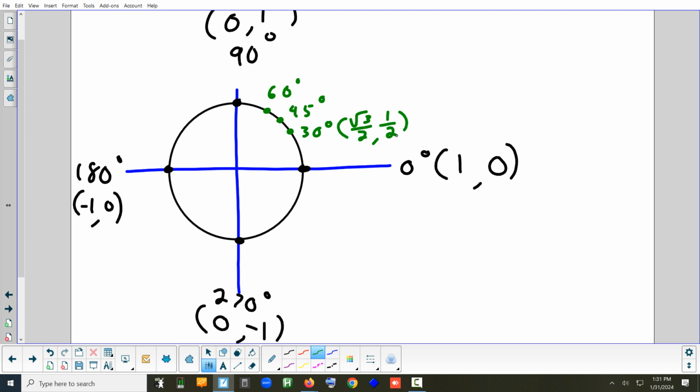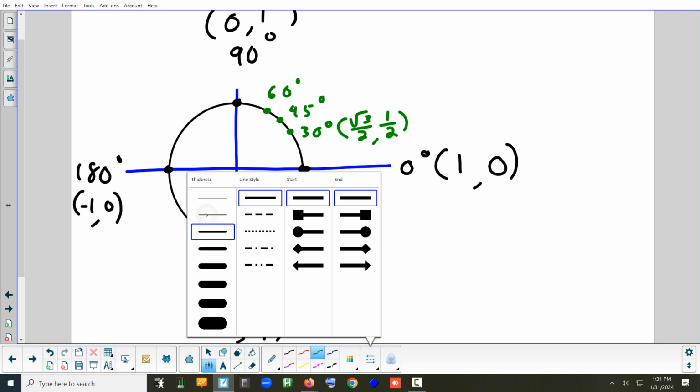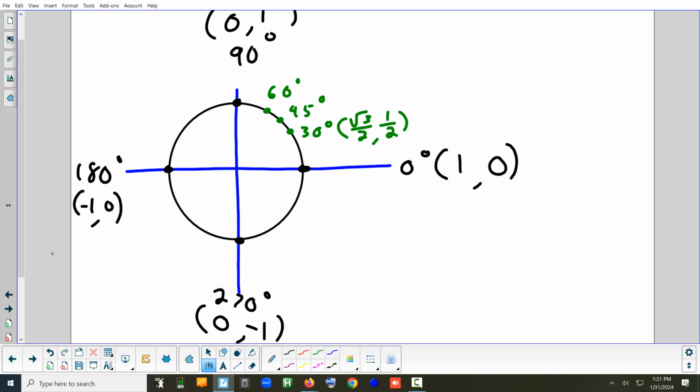What was the coordinate for 45? Square root of 2 over 2, square root of 2 over 2. And what was the coordinate for the 60? 1/2, square root of 3 over 2. Yep.